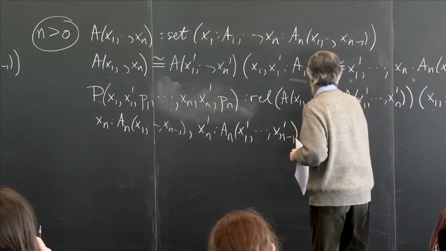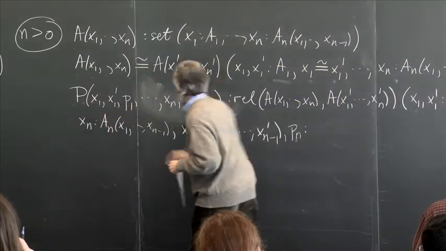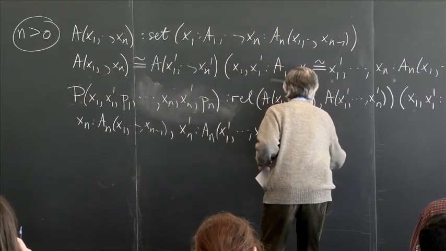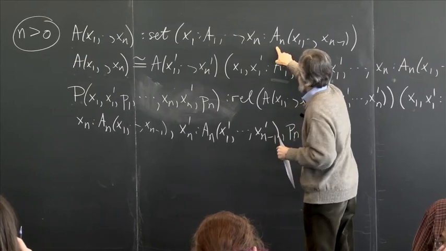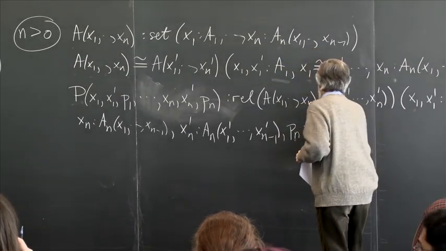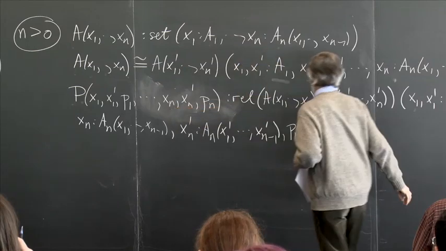And that is to say that Pn proves that the corresponding relation capital Pn that you have associated with an here should hold between xn and xn prime.